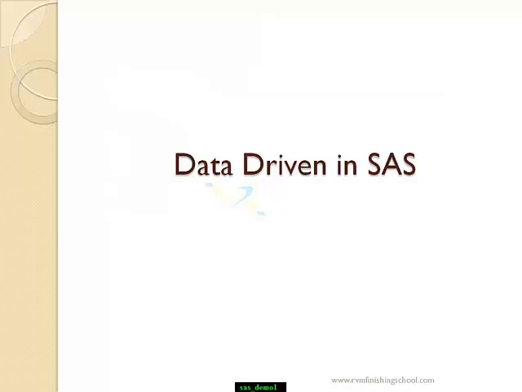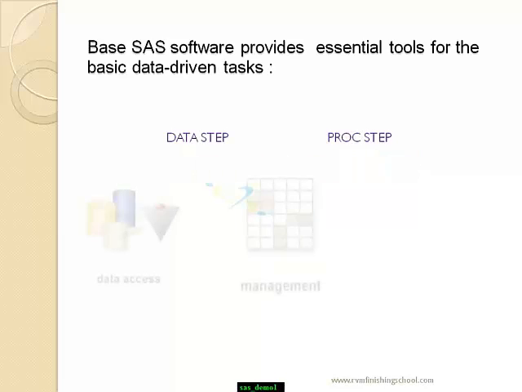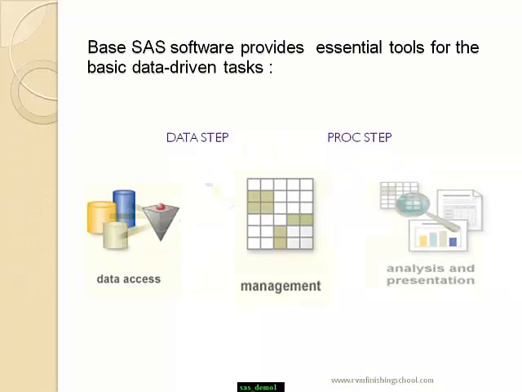Now come to the basics of how data is driven in SAS. The basic SAS software provides essential tools for basic data-driven tasks. How does SAS work, how is the data accessed and the report produced? You can see this is the data access. You can access the data from various host systems.